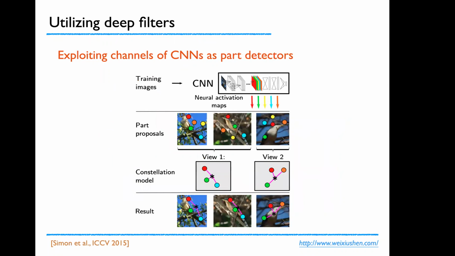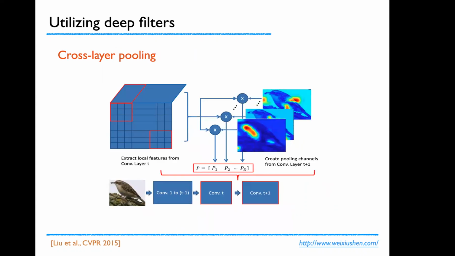Similarly, the NAC method explores the channels of CNN as part detectors, and by considering the geometry constraint, it can return the structural part-level localization patterns for recognition.